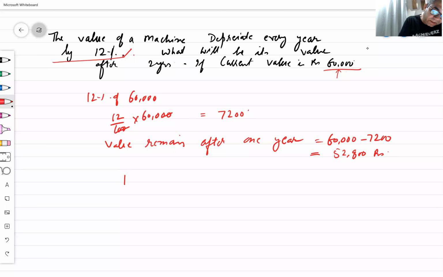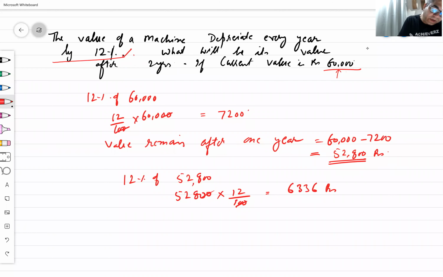Again 12% of this 52,800. So you have to calculate this. So 52,800 into 12 over 100. So you will calculate it as 6,336 rupees.